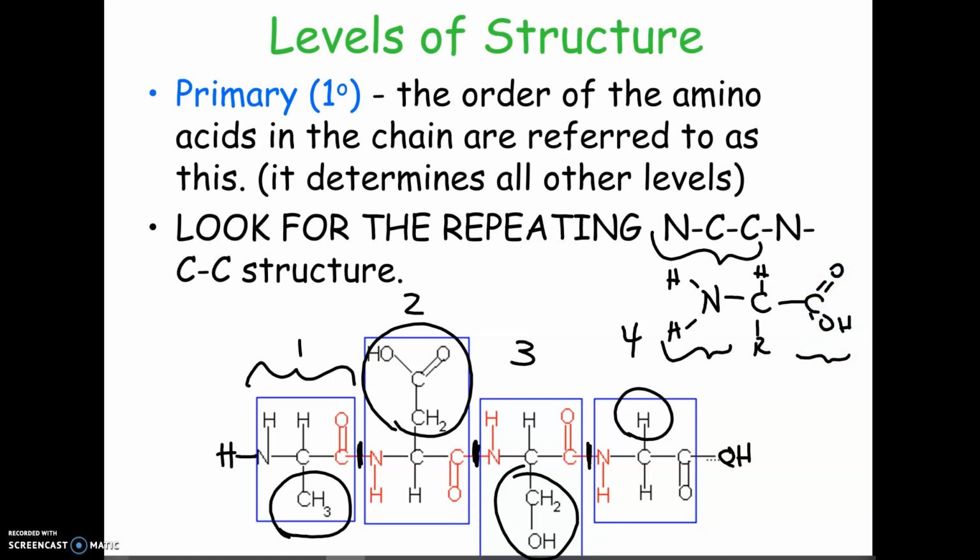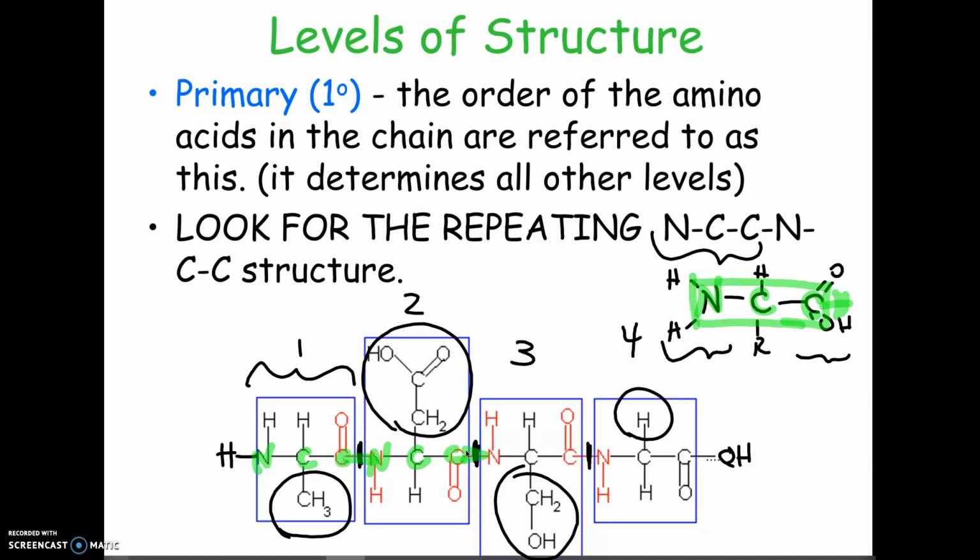So even when they hook together, you're never going to lose this backbone. It's always going to be a nitrogen, a carbon, carbon, hooked by a peptide bond to the next one, nitrogen, carbon, carbon. And you can see it here, nitrogen, carbon, carbon, peptide bond, nitrogen, carbon, carbon, peptide bond, etc.